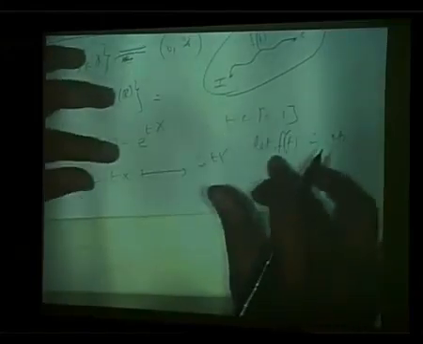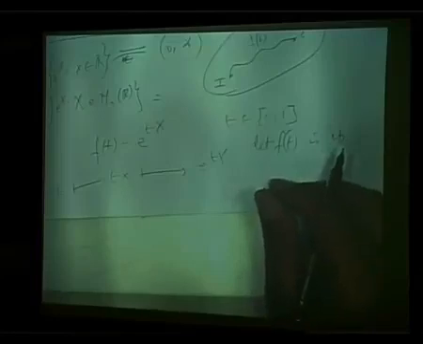So e power x is always invertible. That means this is a curve of non-zero real numbers, which can never be 0, and it starts at 1. So it must always be positive. Is that clear?